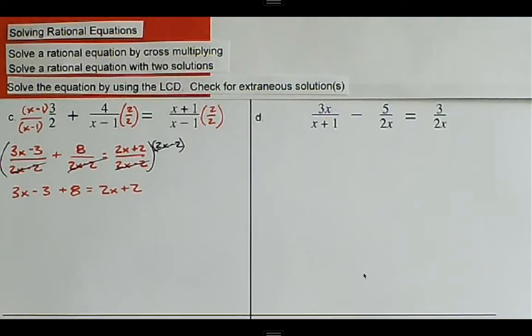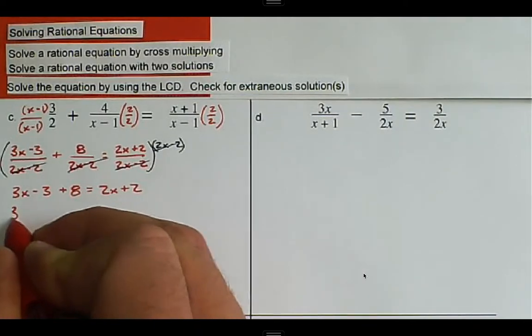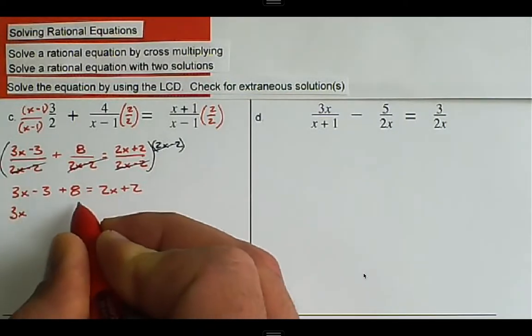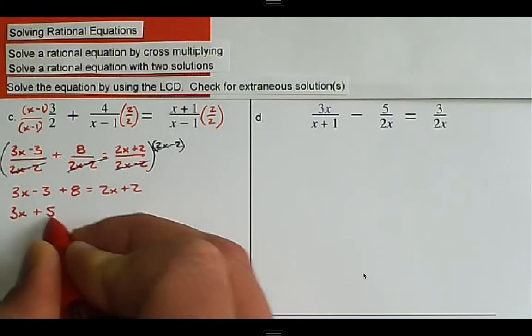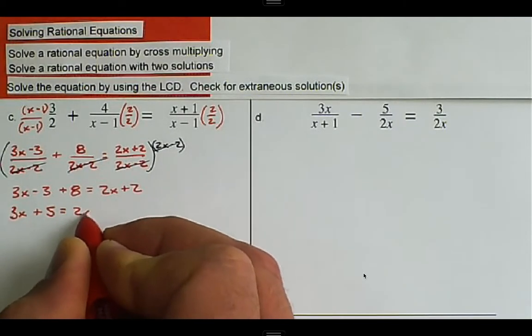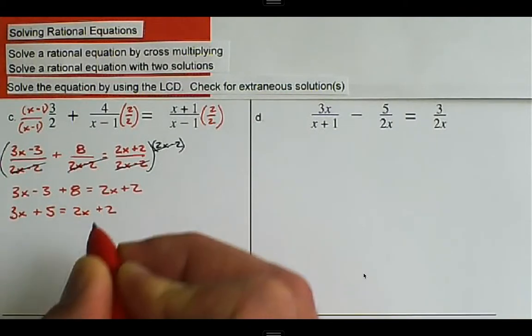And then we can work to get all of our variables together and all of our constants together. So right away we can say 3x, negative 3 plus 8 is plus 5, which is equal to 2x plus 2.